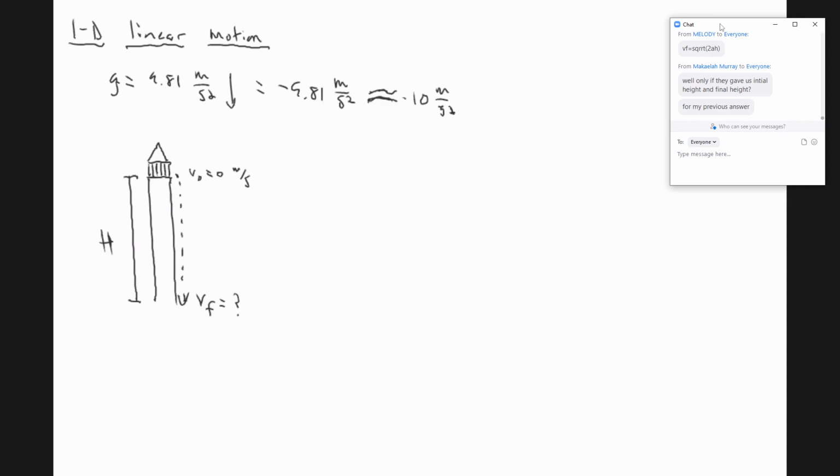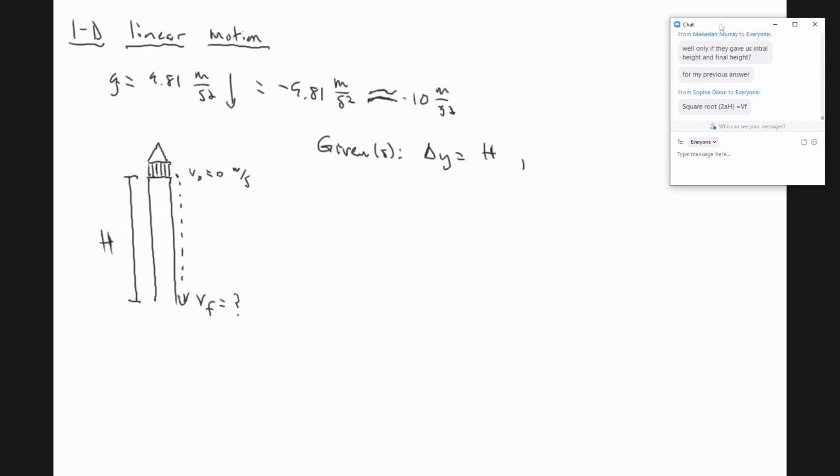Okay, so let's take a look at how to do these types of problems. I call this my GUESS method. I always write down what's given. So what are my givens? I know my delta y is some height h.